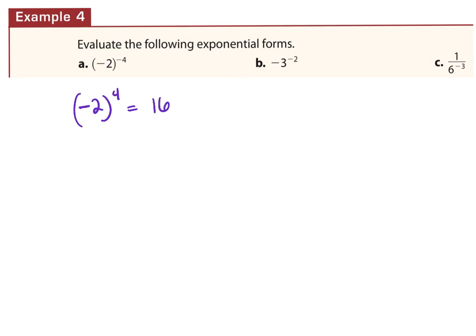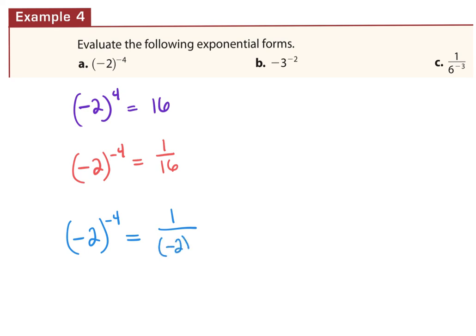However, I had negative 2 to the negative fourth power. It's going to be the reciprocal of that. It's going to be 1 over 16. There is another way to look at it. You can reciprocate it first. So I can say, well, negative 2 to the negative 4 is the same thing as 1 over negative 2 to the fourth power.